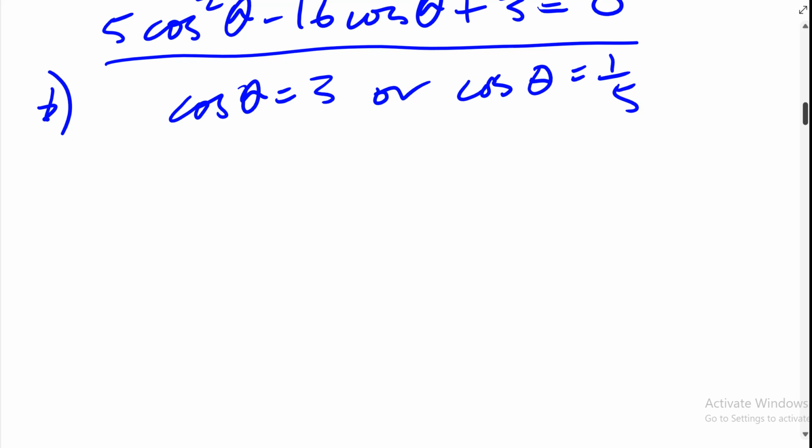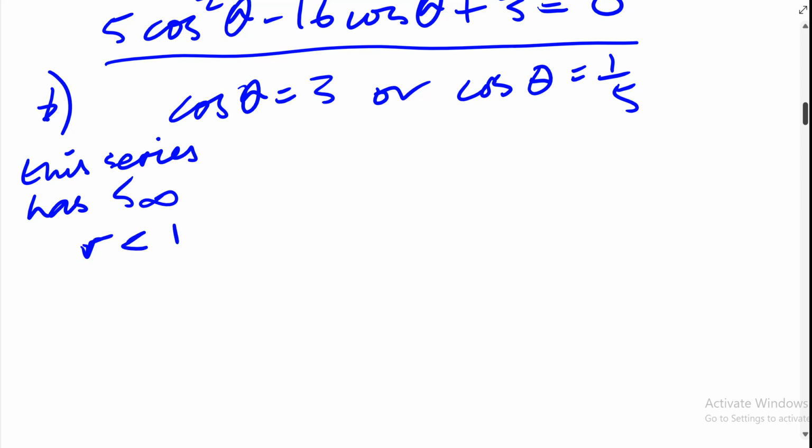So which of those do we need to use? Well, we know the series, so this series has a sum to infinity. So geometric series only have a sum to infinity if R is between 1 and minus 1. Otherwise the series will diverge.